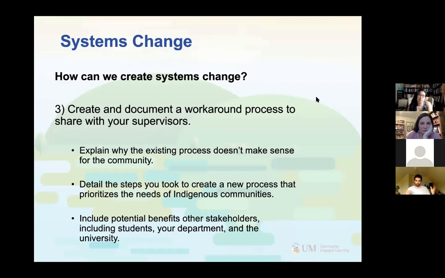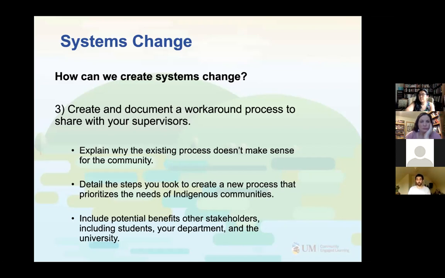So after I have identified those different contexts, then what I need is to create and document the workarounds and one-time solutions that I create and share them with my supervisor. So in this case, if I decided I'm going to process this payment 4 weeks ahead so that it gets to the community on time, I need to document not only that process, but explain why the existing process doesn't make sense for the community.